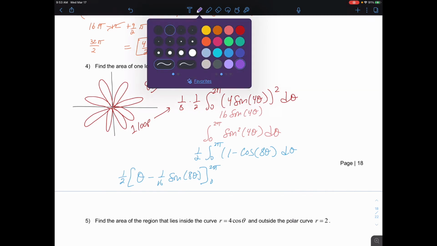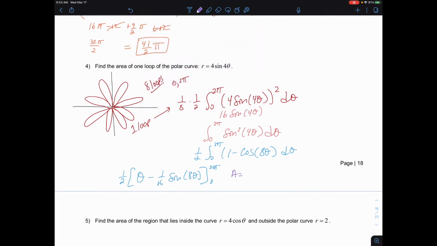If we plug in then, our area is equal to, if I plug in 2 pi and I have 1/2, that's going to give me pi. And if I plug in 2 pi into sine, that's going to give me 0. And if I plug in 0, I'm going to get 0. So my answer is just pi.